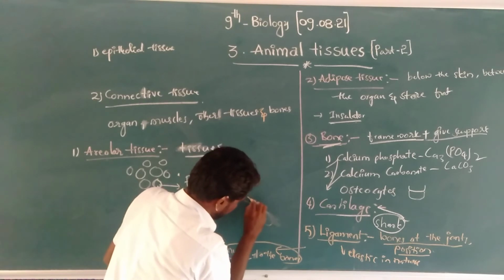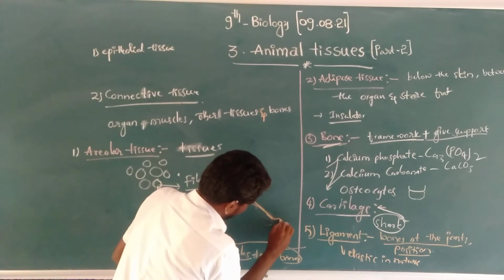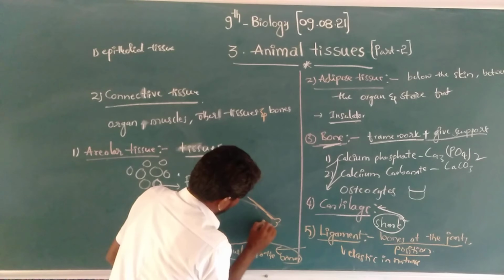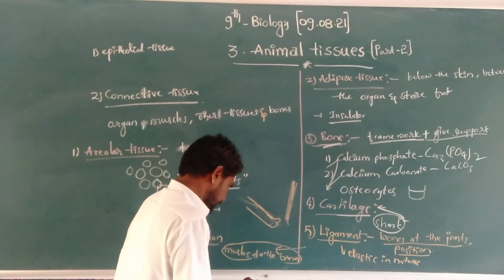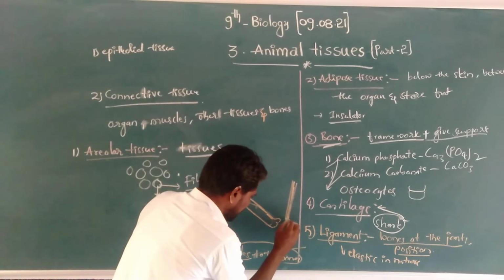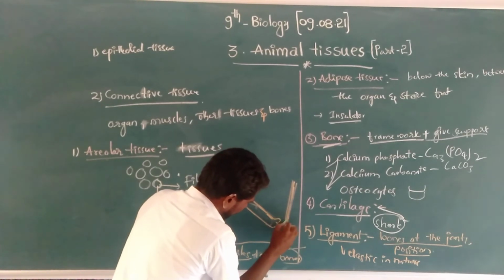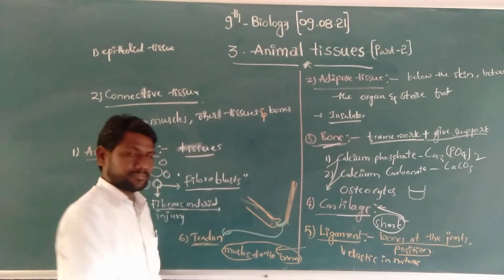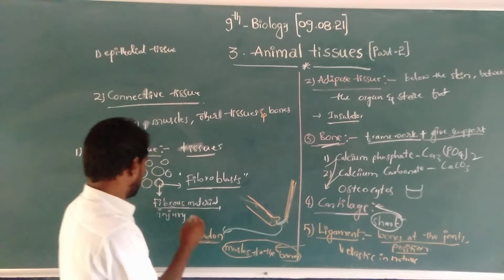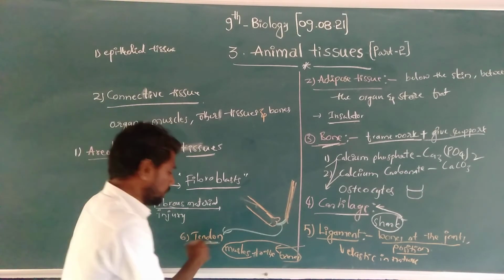This is a bone and this is a muscle. This muscle and the bone are connected by a tissue. This tissue is called a tendon. This is about the tissue tendon.